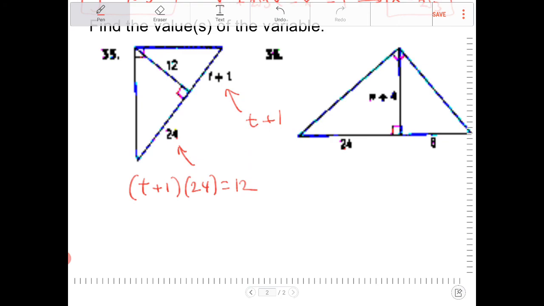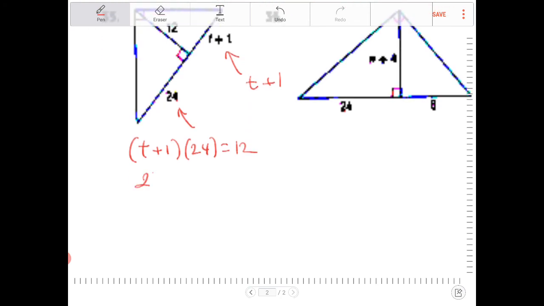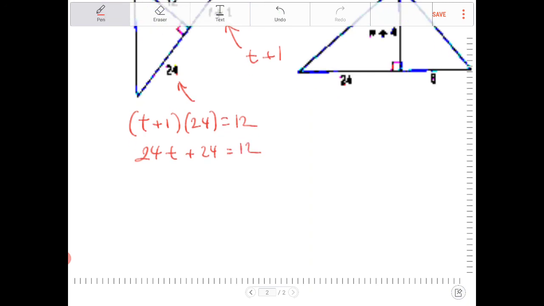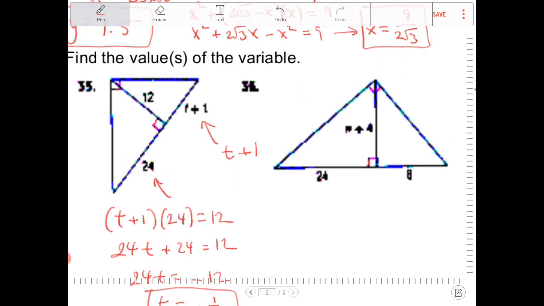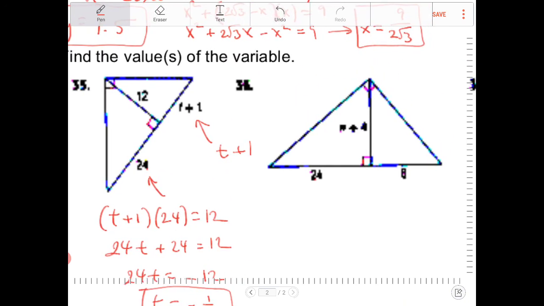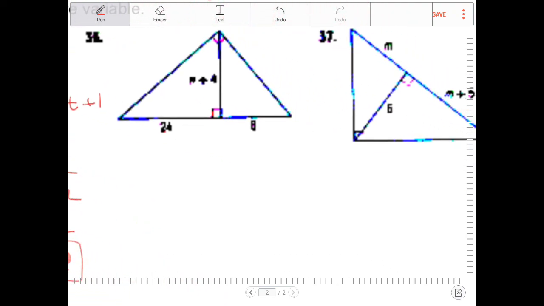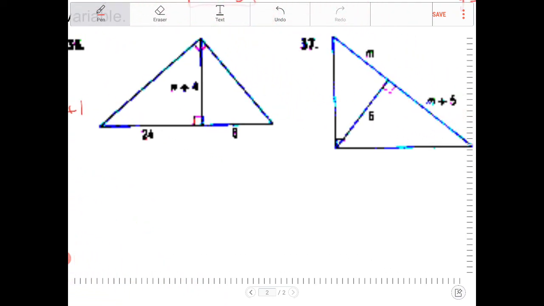So I'm guessing I have to find out what t is. 24t plus 24 is equal to 12. Subtract both sides by 24, so 24t is equal to negative 12. t is equal to negative half. Okay, sure, why not?